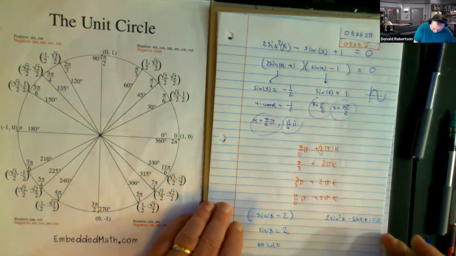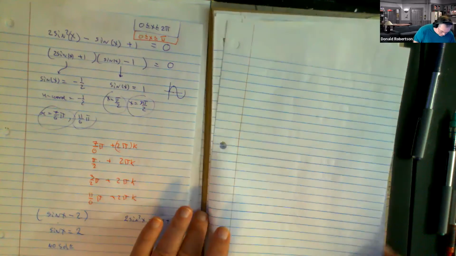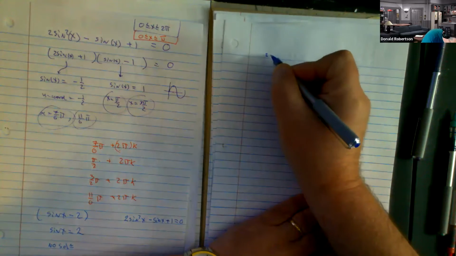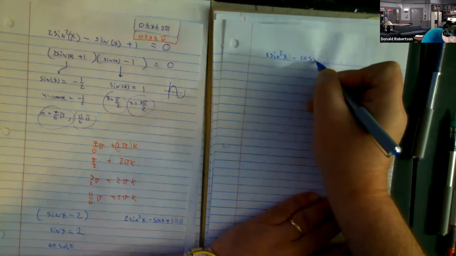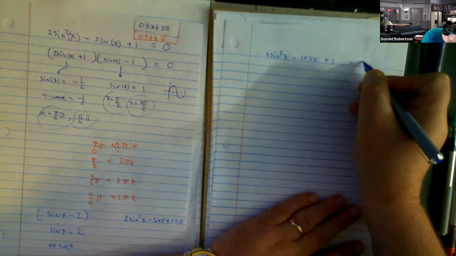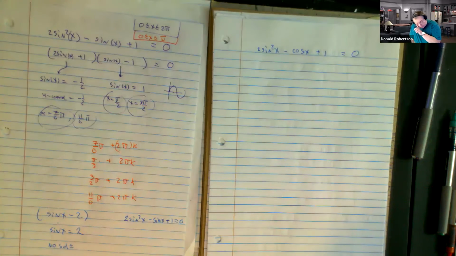Right. That's the guy we just did, right? Everybody had sines in it. Suppose I gave you one change, but one change can do a lot of damage. Suppose I gave you that.